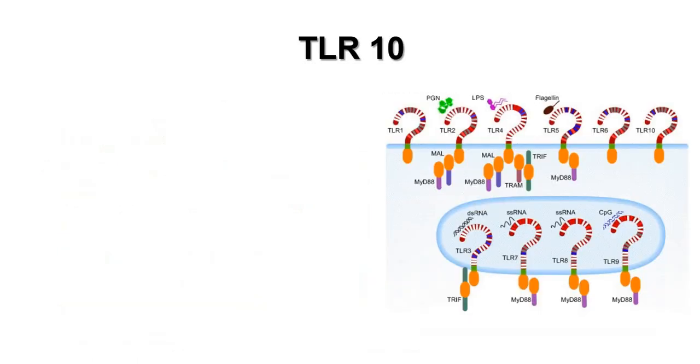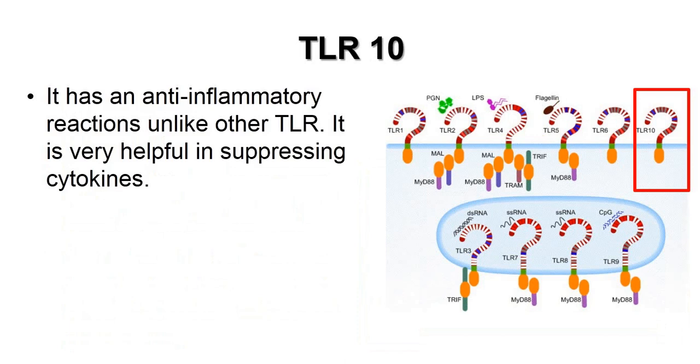Finally, TLR10 and TLR11. TLR10 has an anti-inflammatory reaction unlike other TLRs. It is more helpful in suppressing cytokines. So, just like COVID-19, when you have a cytokine storm, you want to control the excess influx of cytokines, you can always play with Toll Like Receptor 10, because out of all TLRs, it is TLR10 which is anti-inflammatory in nature.